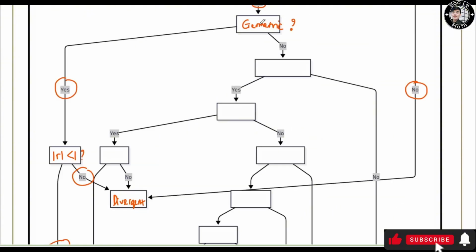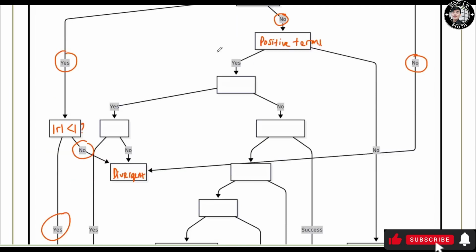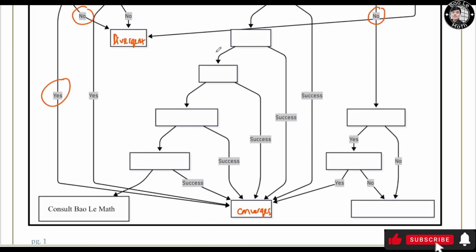If the series is not geometric, then you're going to check to see if there are positive terms. If no, then you're going to check to see if the sign alternates. If yes, then you're going to check to see if the series is decreasing.